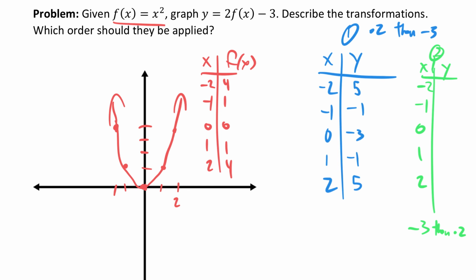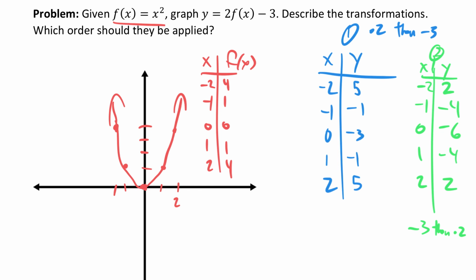Okay, so 4 minus 3 is 1, times 2 will be 2. 1 subtract 3 is -2, times 2, that'll be -4. These aren't looking the same as before. 0 minus 3 is -3, times 2 is -6, then -4 and 2.